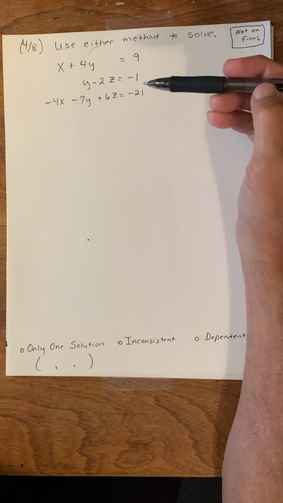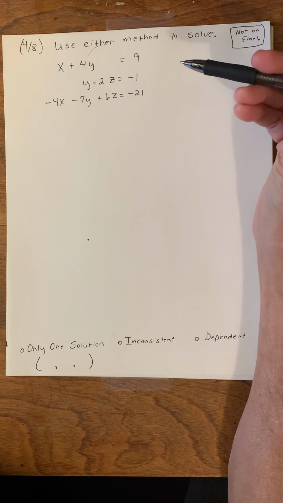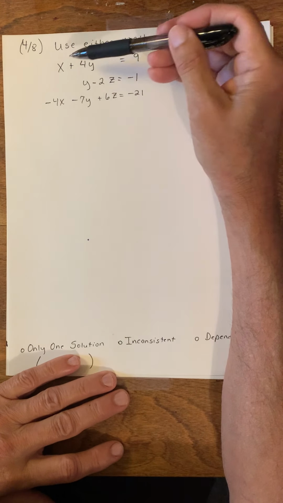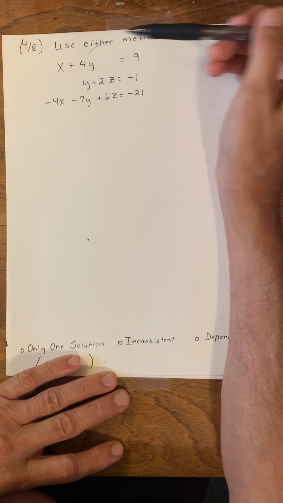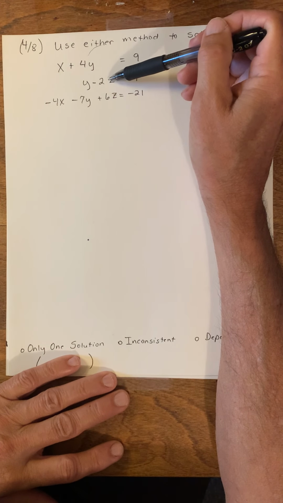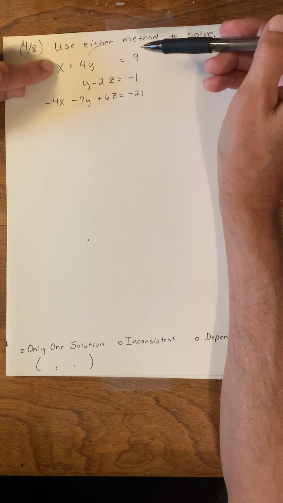Now, I'm still going to be basically doing the same thing. Here's what I'm going to observe. I see this guy has x's and y's. This guy has y's and z's, and this guy's got all of them. Here's what I'm thinking.